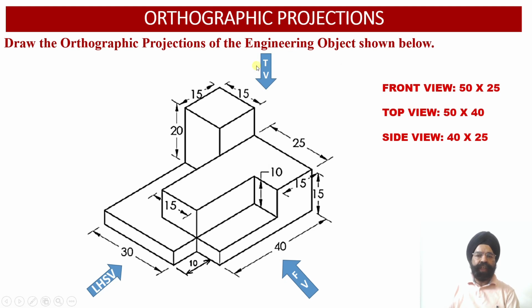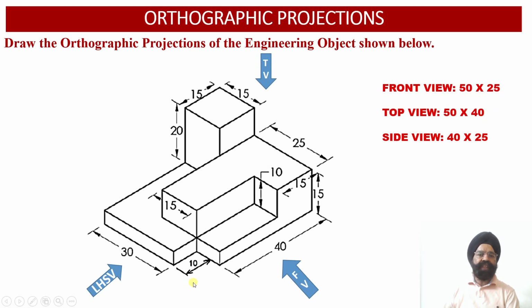Similarly, when we look at the solid from the top view orientation, we observe that the width of the solid is equal to 50 millimeter, while the depth of the solid is equal to 40 millimeter. So therefore the dimensions of the top view face will be measuring 50 millimeter by 40 millimeter.